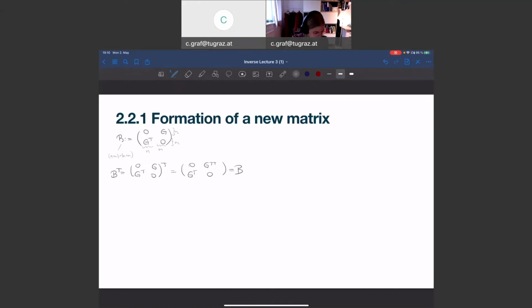And the mathematical definition or wording for this is Hermitian. And what we then have is, on the one hand, real eigenvalues, and orthogonal eigenvectors.